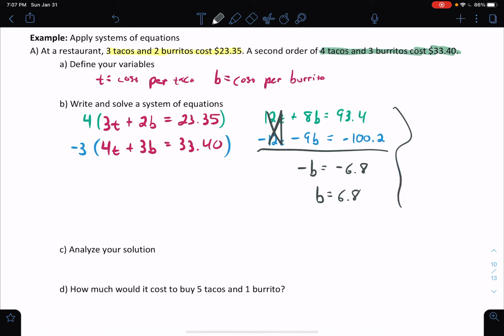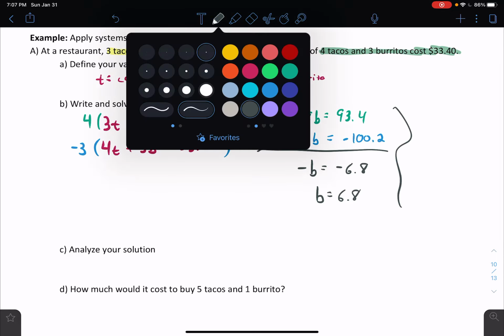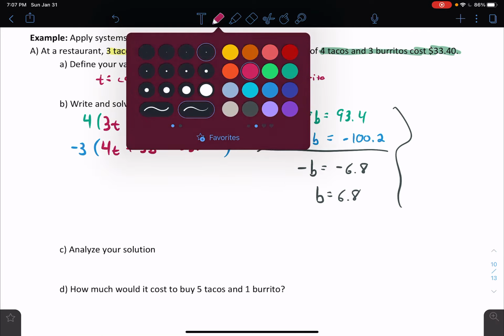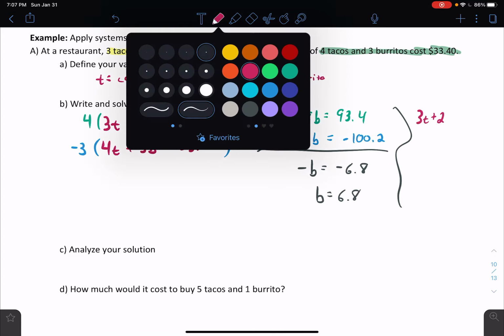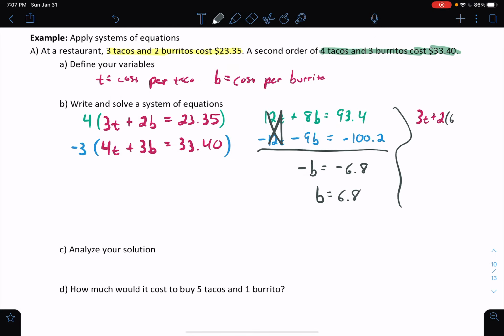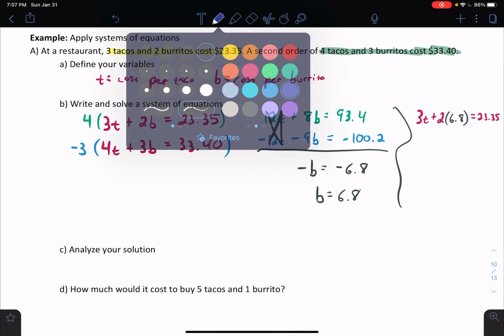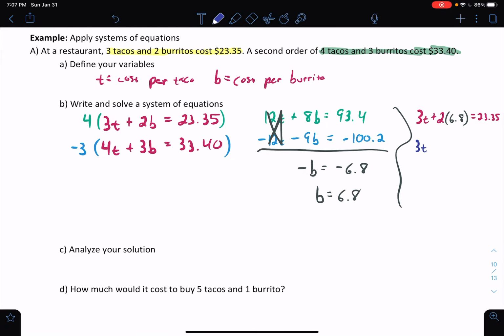So if I plug it into the top, I've got, I'll go back to the original color, 3t plus 2b, but instead of b, I can substitute 6.8, equals 23.35. So that's going to be, after I start to simplify this, 3t, 2 times 6.8 is going to give me 13.6.